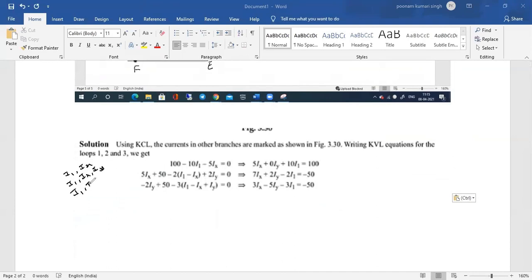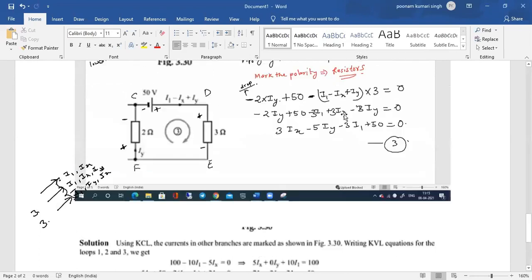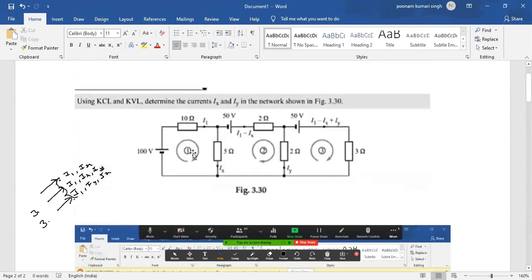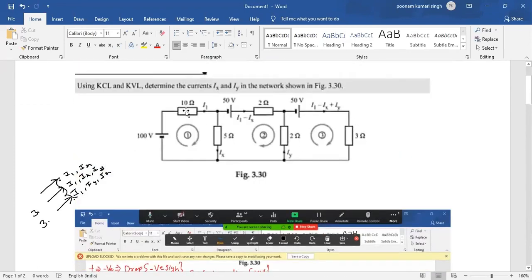So you can see that here all three unknown quantities are there. Here also all three are there, but here only two. Iy is missing because Iy doesn't have any relationship with my first loop. If you want to see, I can show you in the question itself. If we are talking about this loop, this Iy has nothing to do with it, so we won't have any Iy in this particular KVL equation.